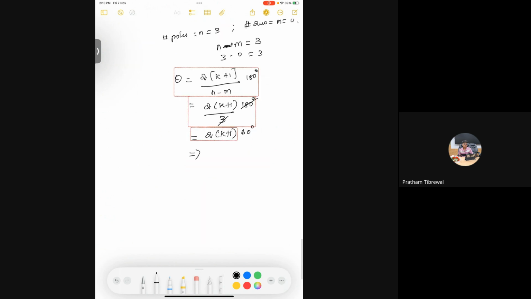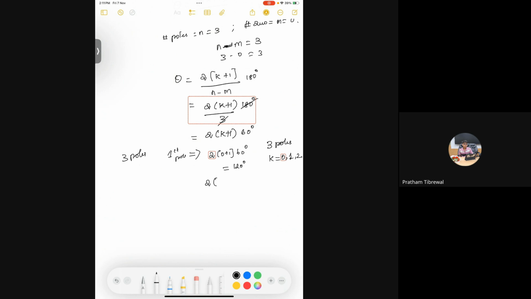So I have 3 poles, right? If there are 3 poles, k will be 0, 1 and 2, so this many k's I have to calculate. For the first pole, 2 into 0 plus 1 into 60 degrees. This will give me 60 degrees.